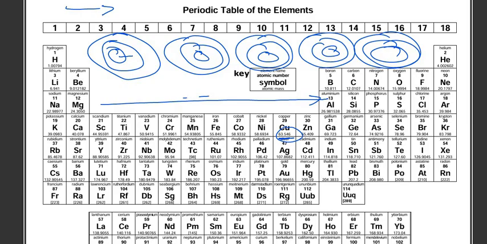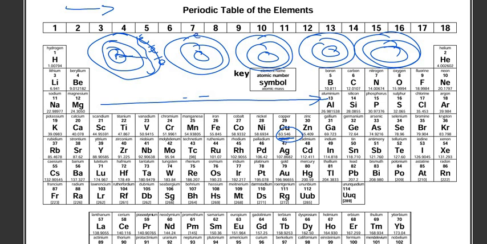Now, with regards to the trends across the period, when we discuss atomic radii, we say that it relatively decreases because of the effective nuclear charge. The pull between the central part and the outermost shell electrons gets to be too much, because the more electrons you have this side, the more the electrostatic attraction between the outermost shell electrons and the central part. Protons on the central part of the atom are positive, and the electrons in the last shell are negative.